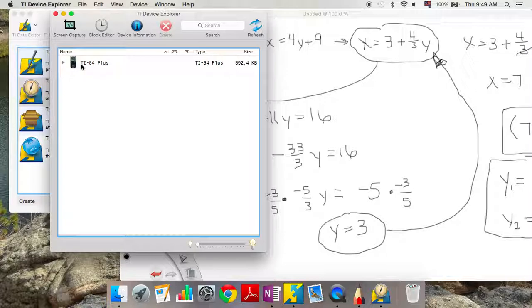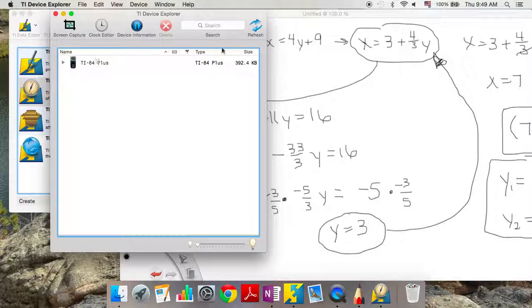Let me adjust my window a little bit here and get it working. So work on your calculator and get your picture and zoom in on where it looks like it's intersecting.